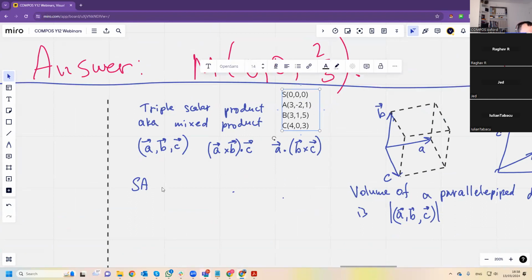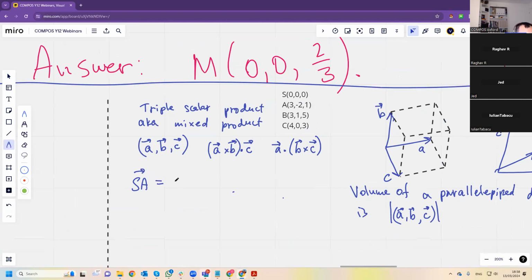Vector SA is (3, -2, 1). SB is (3, 1, 5) and SC is (4, 0, 3).